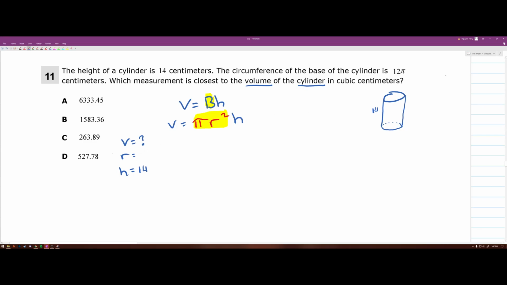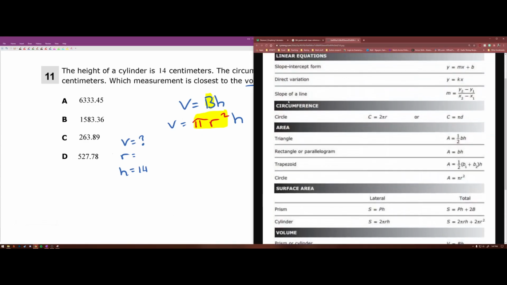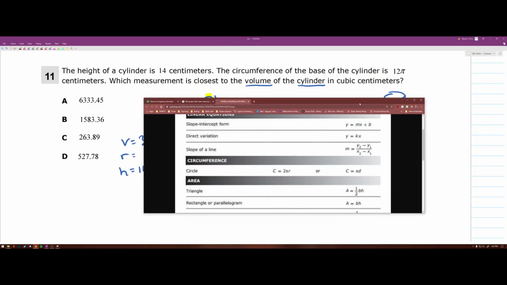It says the circumference of the base of the cylinder is 12 pi. I remember seeing circumference somewhere. I think it's in the reference chart. So we're going to go to the reference chart and look around. Circumference, circle. And I look at it: C equals 2 pi r, or C equals pi times diameter. I'm trying to compare the two. 12 pi.